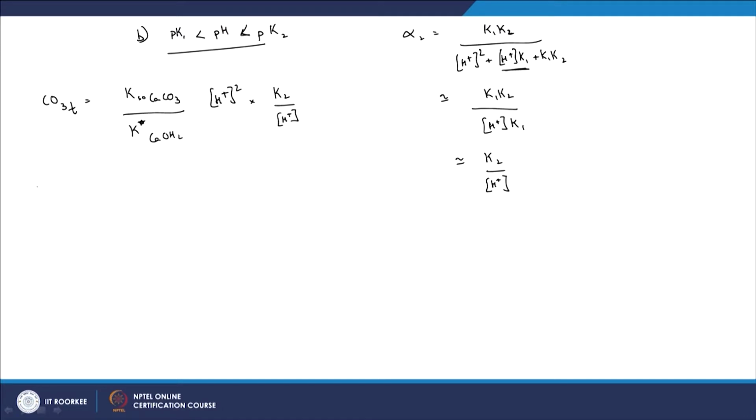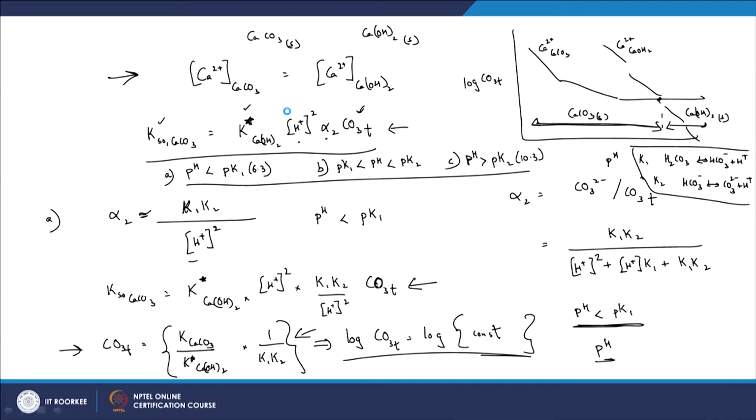So one [H+] and [H+] here can cancel out. If I take the logarithm, what is that going to be equal to? Log CO3 total will be equal to the log of Ksp of CaCO3 by K* of Ca(OH)2, by, is it going to be by K2 into [H+] or by K1 K2 by [H+]² here? I should have written that down in a different manner.